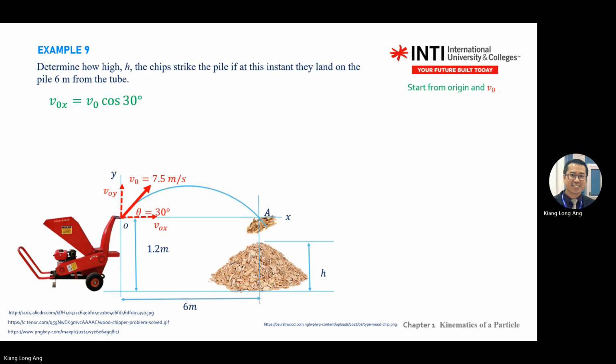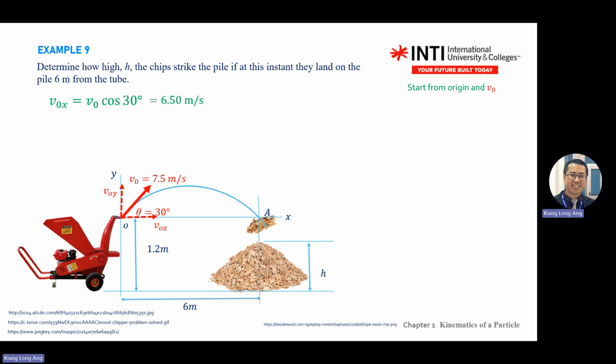No need, okay. So the first one, you break this 30 degrees into the x direction. So this is a triangle. Use your tangent, cos theta. You are interested in this component, right? So you get the one in green color. You press the calculator, substitute initial velocity 7.5, cos 30. You will get 6.5 meters per second.